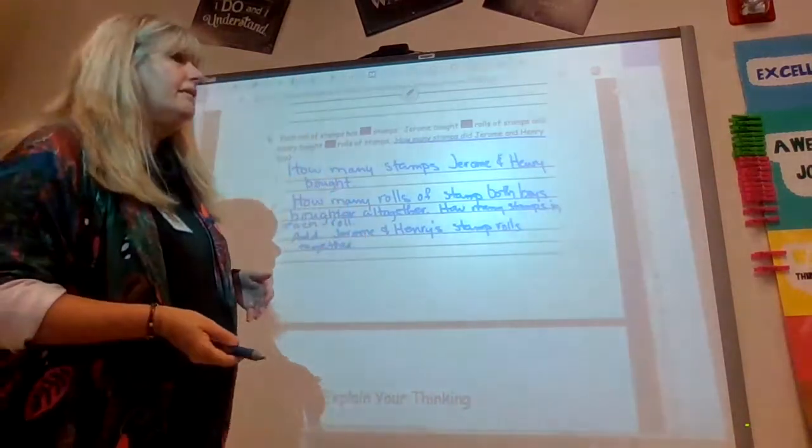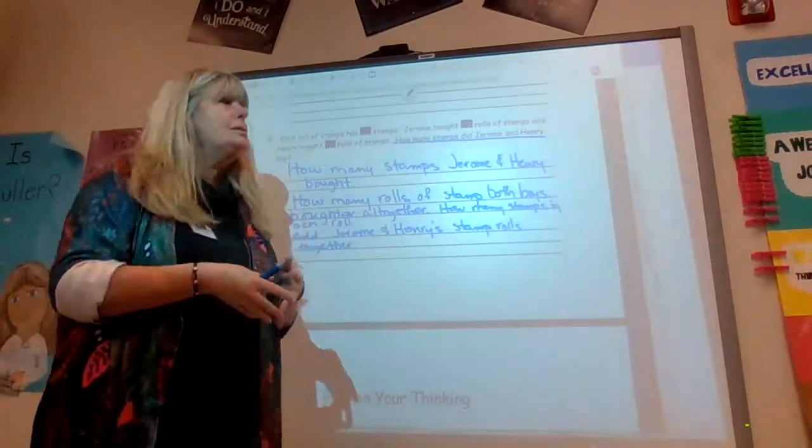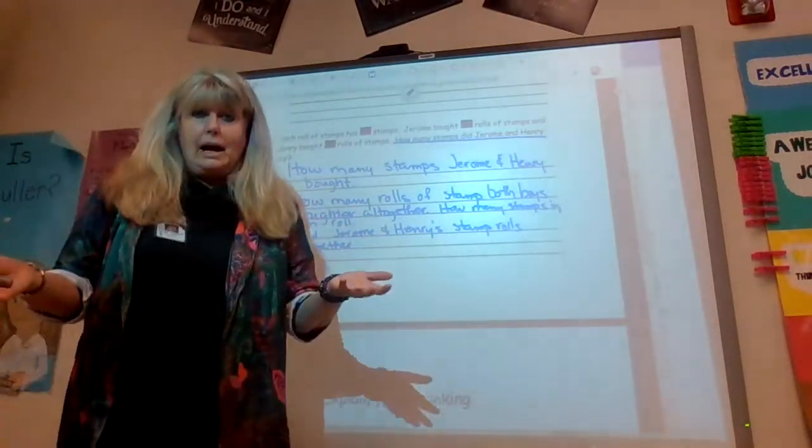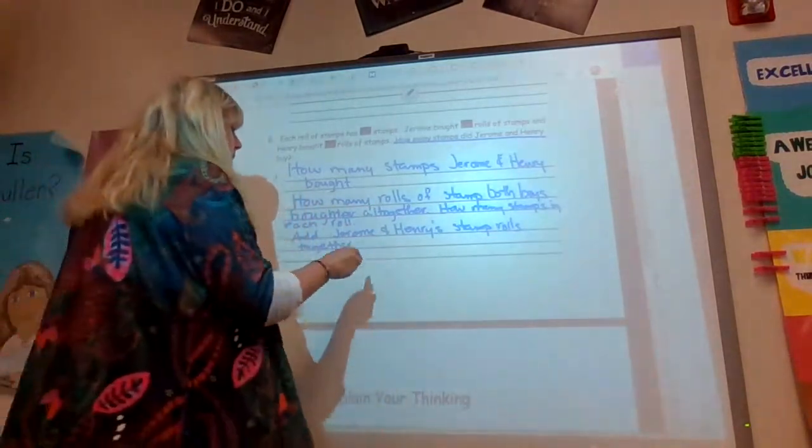Okay. What about if I take the total amount of rolls and multiply it by how many stamps are in each roll?